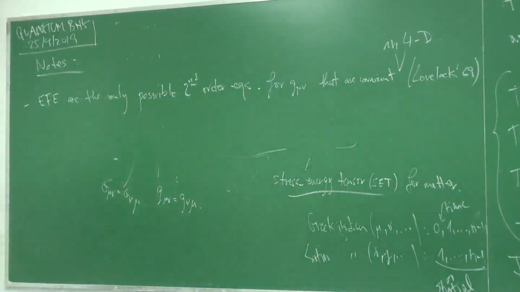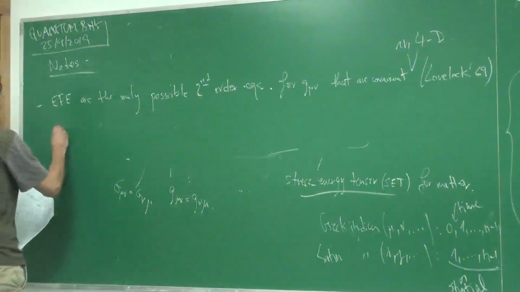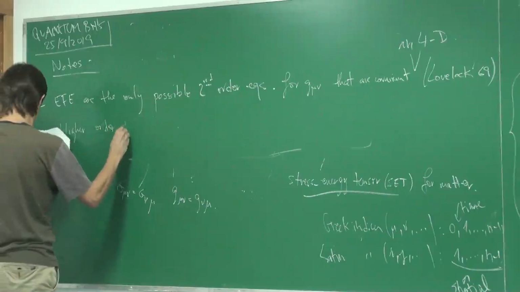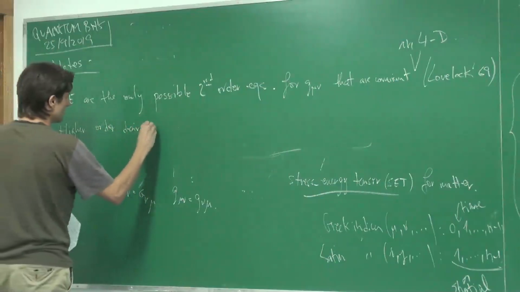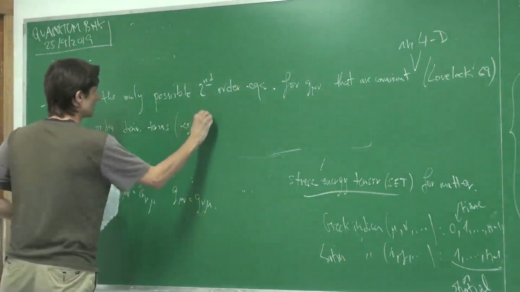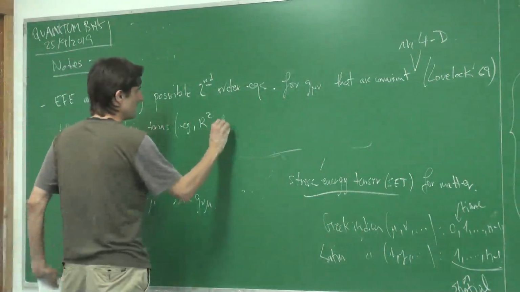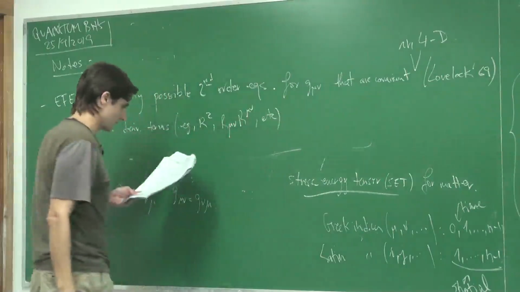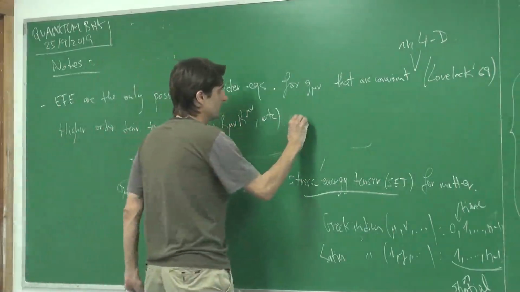Okay? So it's important to know that. So higher order derivative terms, so R squared, things like R mu nu squared, and so on, could be included.